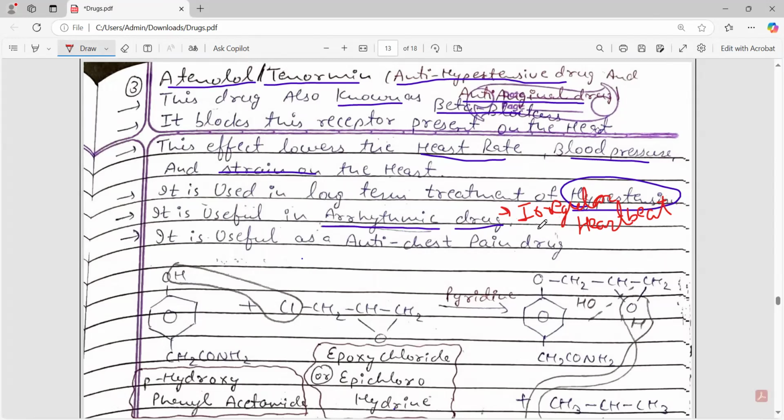It is also useful as an anti-chest pain drug.